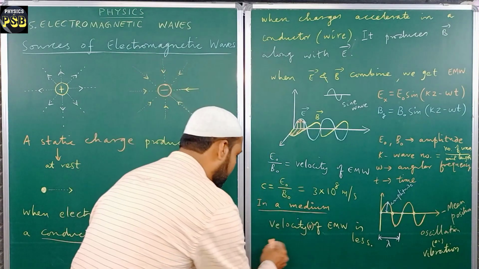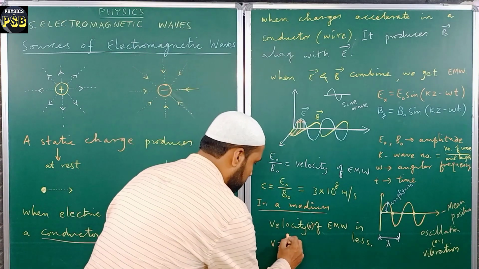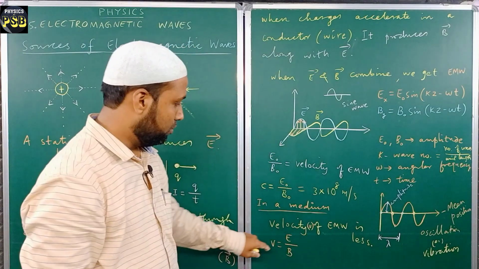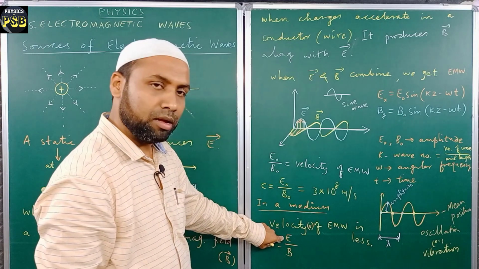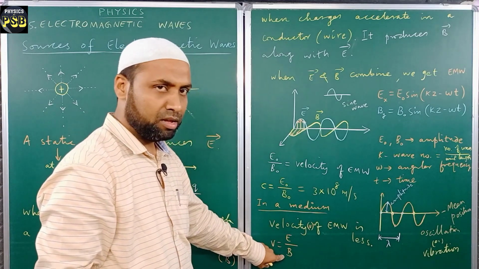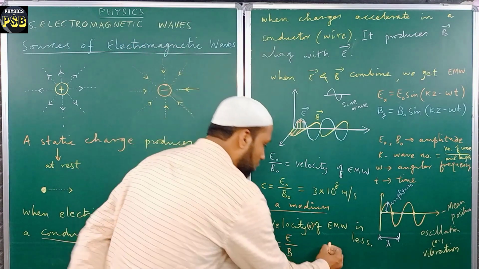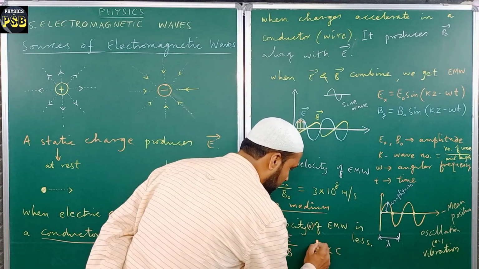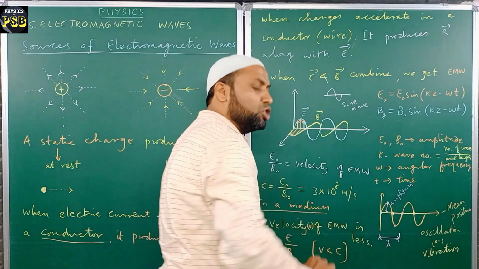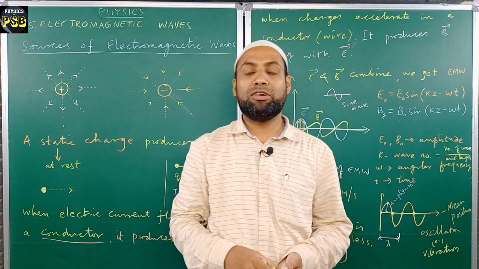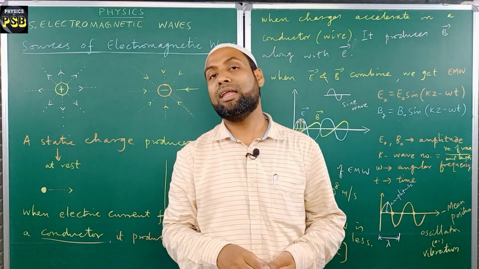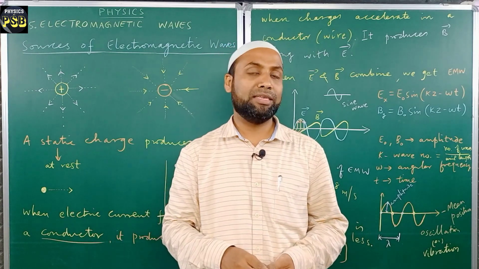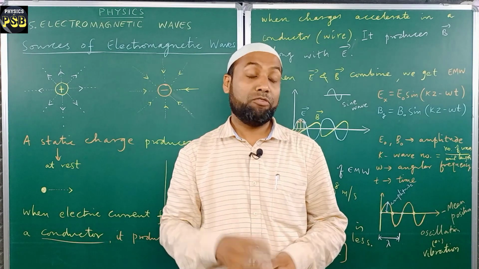So this clearly shows that v is E upon B, the electric field vector in a given medium and the magnetic field vector in that medium. So v is always lesser than c. It shows that electromagnetic wave travels with lower velocity in a given medium compared to that in free space or vacuum.